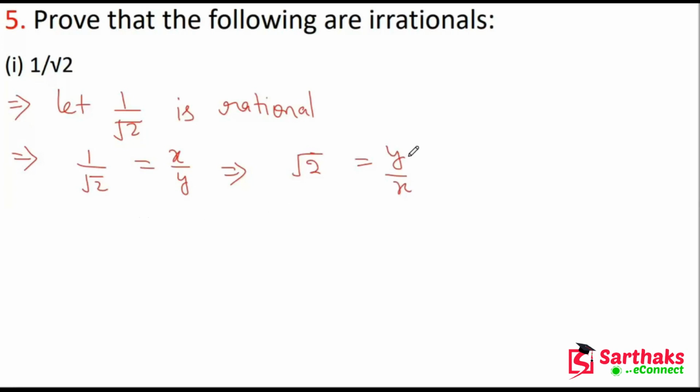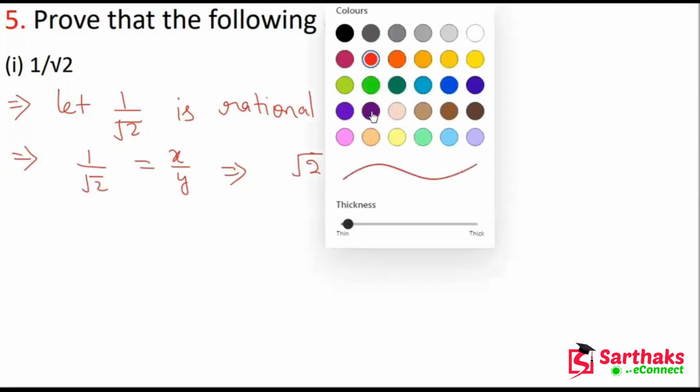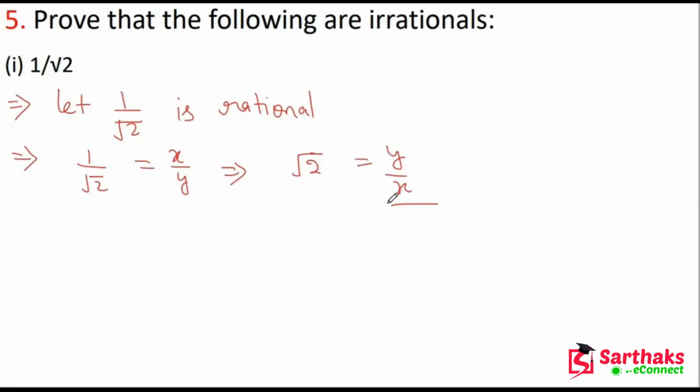Since x and y are integers, y upon x is rational. But root 2 is irrational, because the root of a prime number is always irrational.